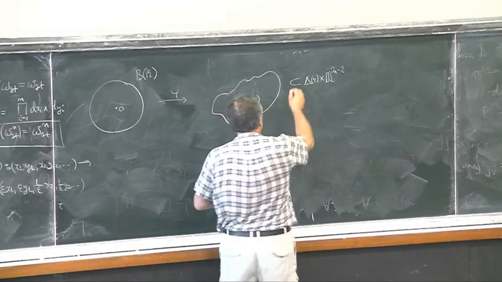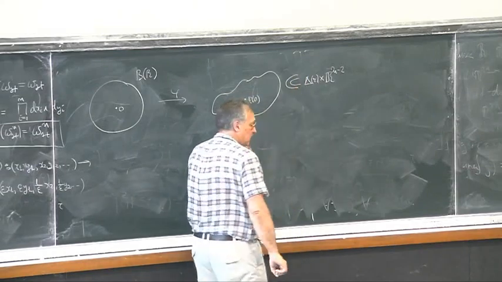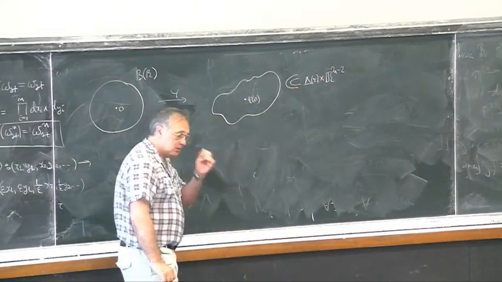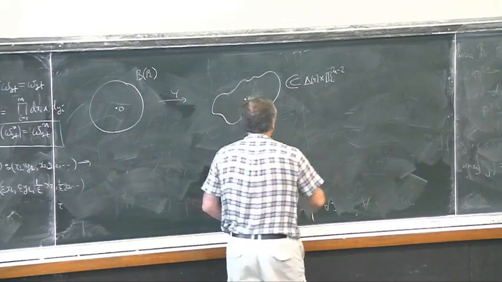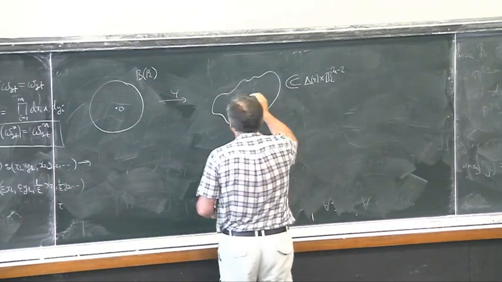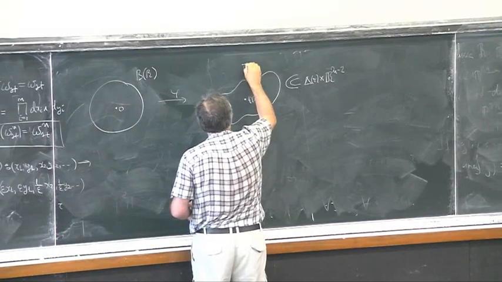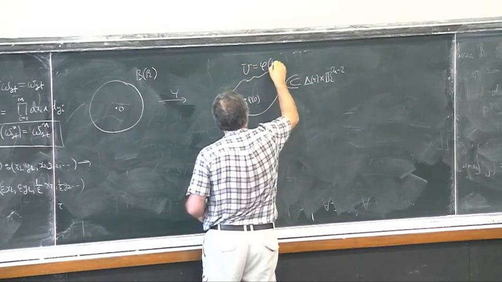Since it is relatively compact, let U be phi of the ball.